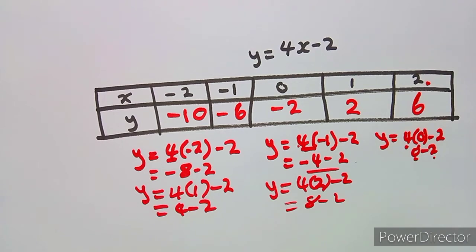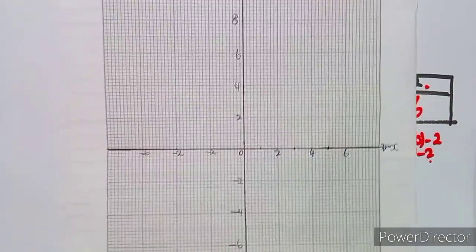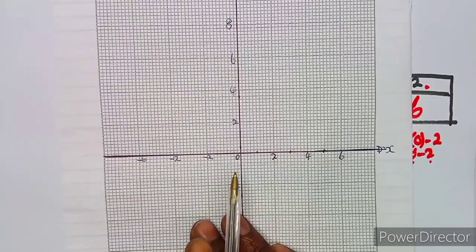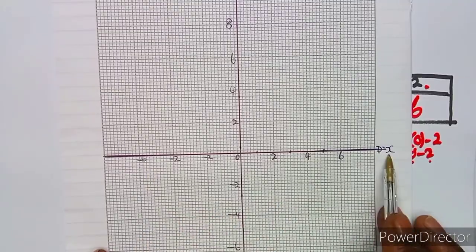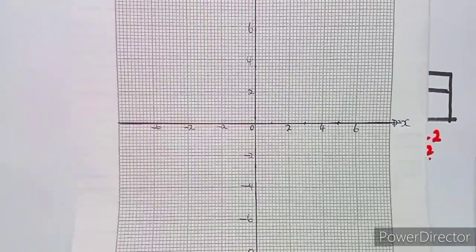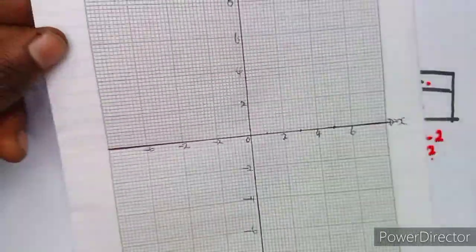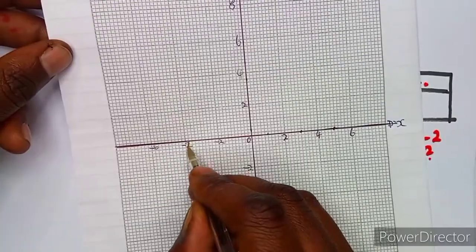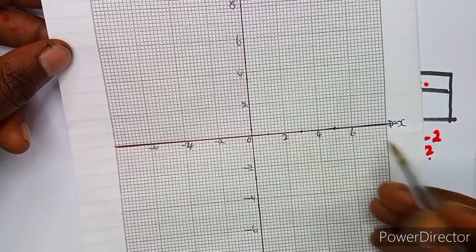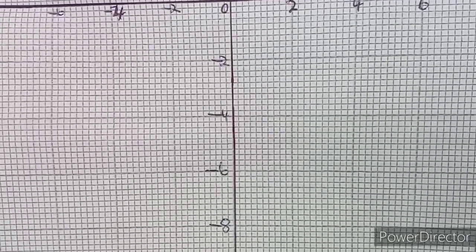Are they going to correspond? That's what is important. All right, so from this part here, this is what you're going to at least have. If you are to cross check, you just need the x and you need the y there, indicate your values. So depending on the graph paper that you are using there, this is -2, -4, 2, 4, 6, and so forth. So it will depend on the part that you are given.